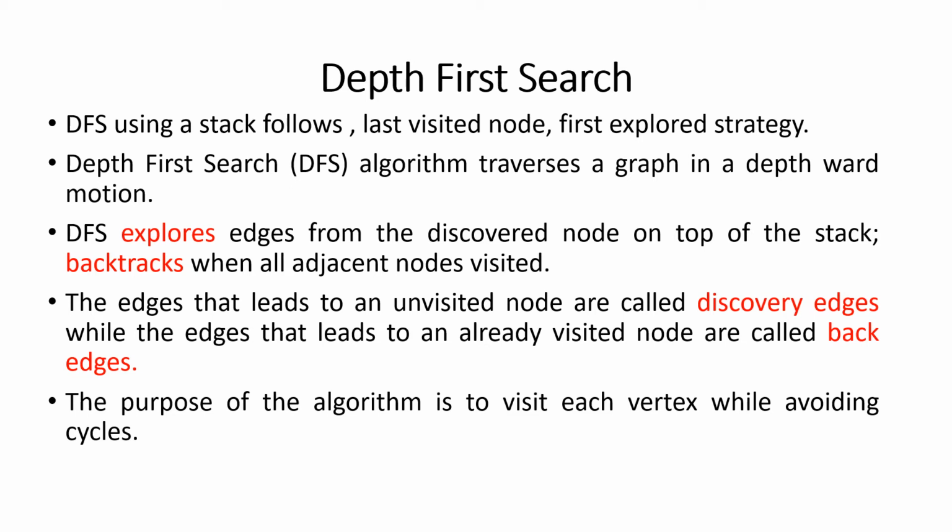The edges that lead to an unvisited node are called discovery edges, while the edges that lead to an already visited node are known as back edges. The purpose of the DFS algorithm is to visit each vertex while avoiding any cycles.